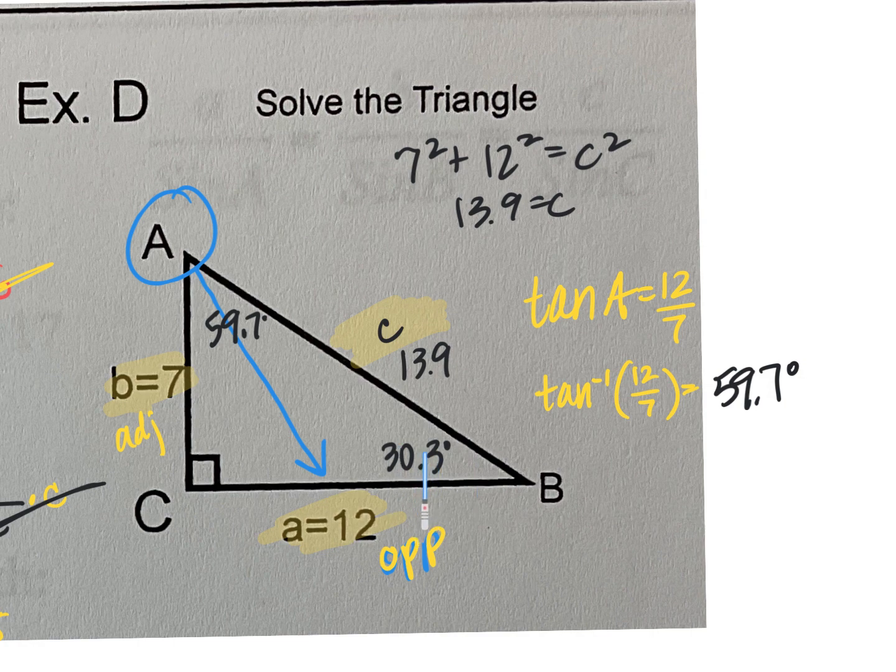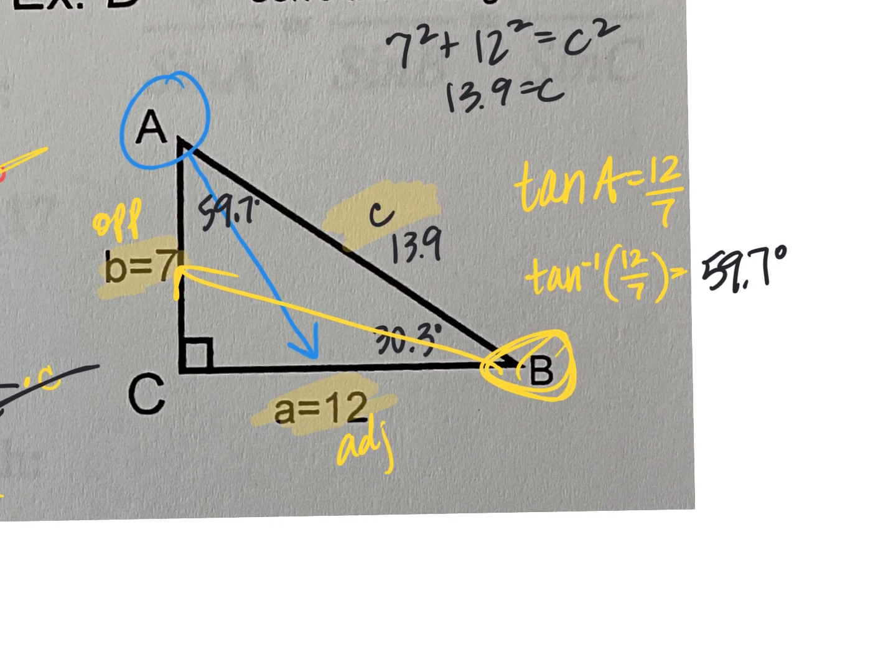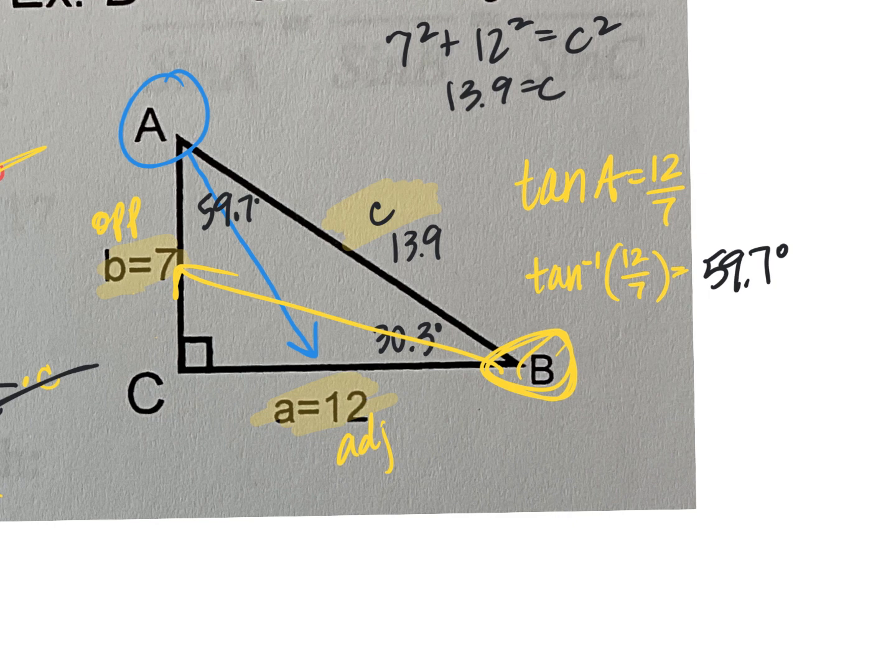If I wanted angle B, we already know what it is, but we're going to go prove it. If I want angle B, what would I consider 7 now? Opposite. Isn't 7 now the opposite? Boom. 7's now the opposite. What's 12? The adjacent. SOH, CAH, or TOA? Yeah. Tangent of B is the opposite, which was 7, over the adjacent, which is 12.